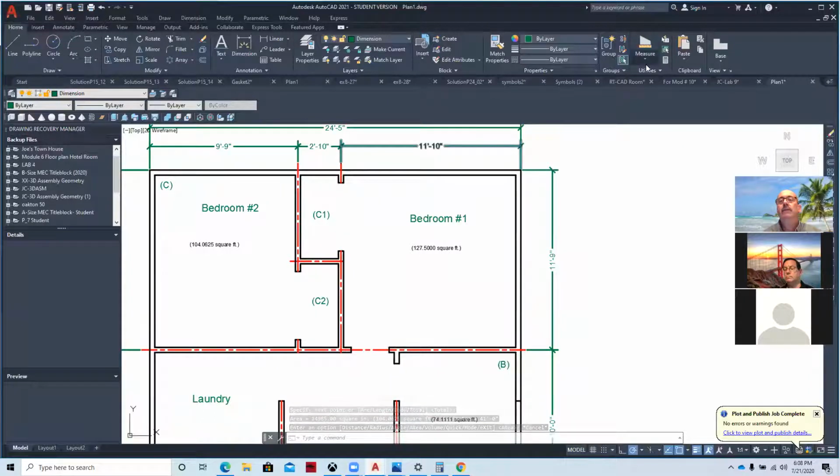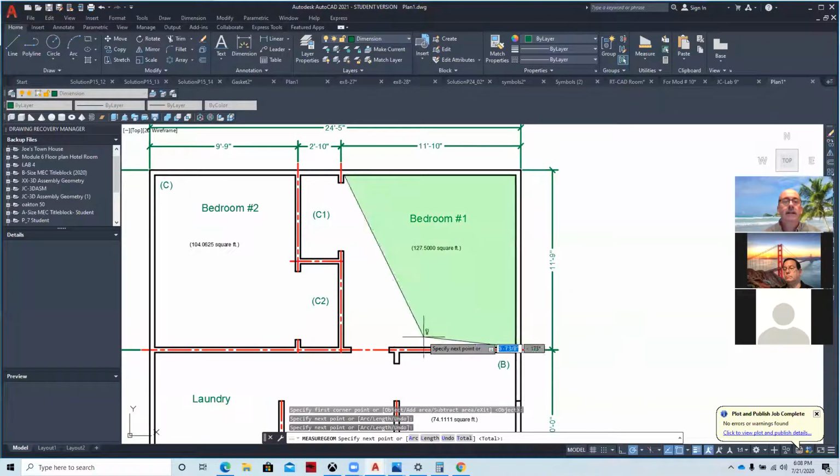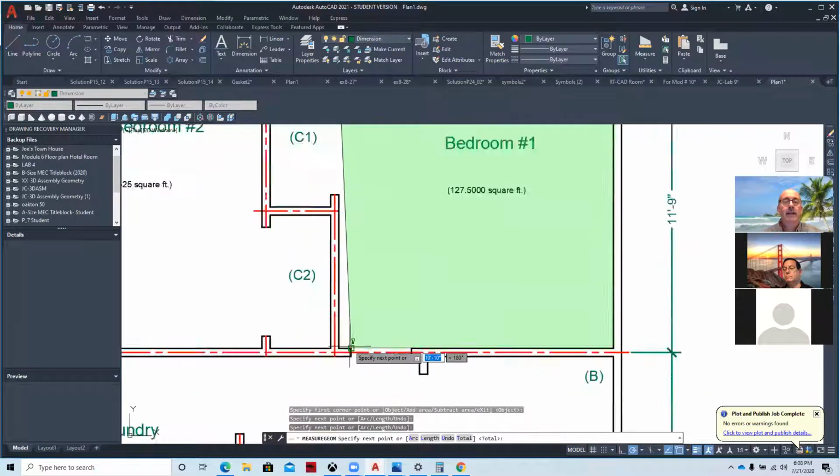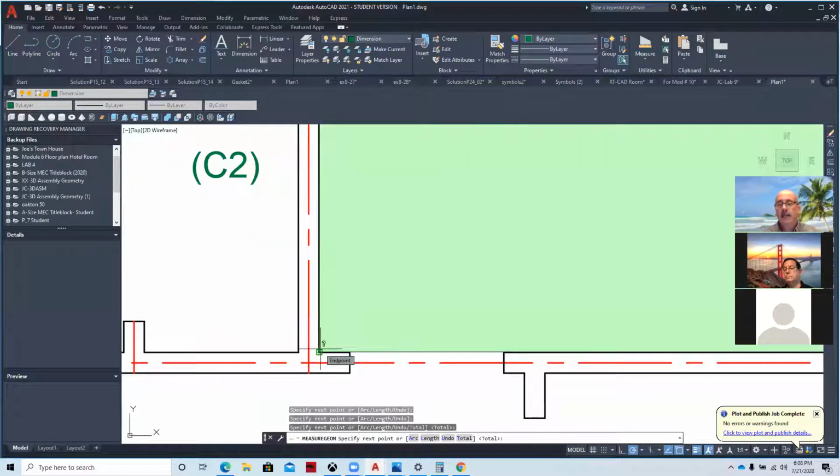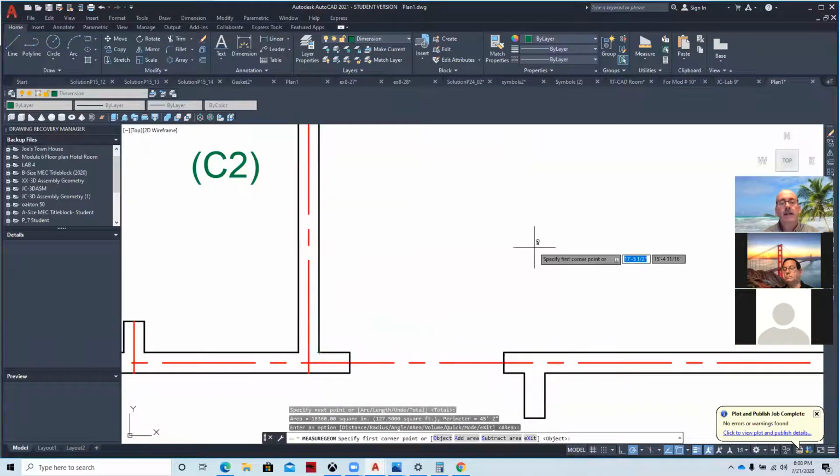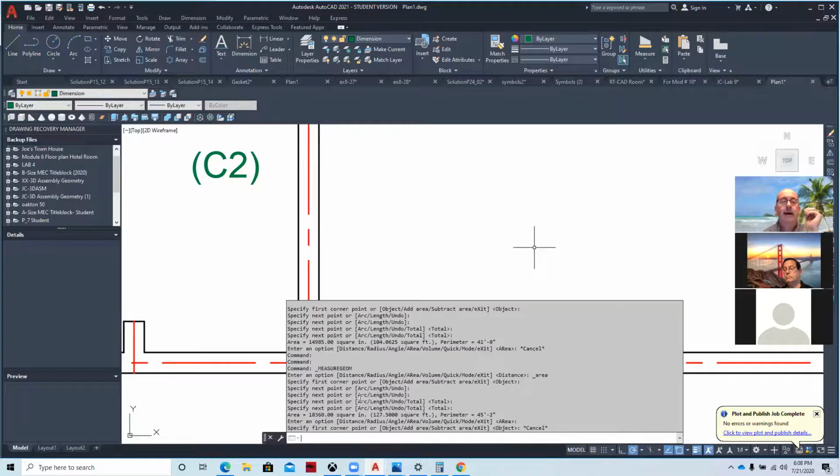I like to do this copy and paste thing where I'll calculate it, so the last thing I want to do is actually write anything down. Once I have it, I hit enter, and then I hit enter again. I bail out of the command, then I hit the F2 key, and I copy and paste it.